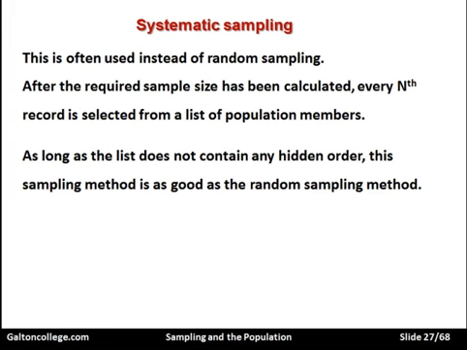That means everybody on the street is going to be very happy. Now, the results of a survey based on that are going to report back that everybody is happy, where in fact it was just that one street. It was very unlucky to pick that street because that street is not representative of the population, but possible. So if there is something hidden, some hidden order, systematic sampling is not good.